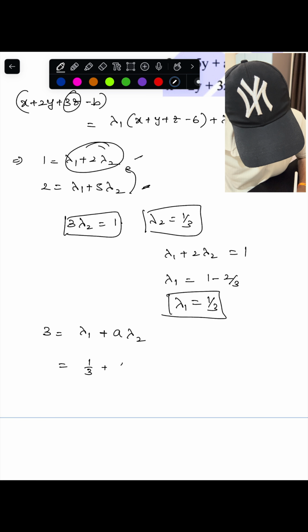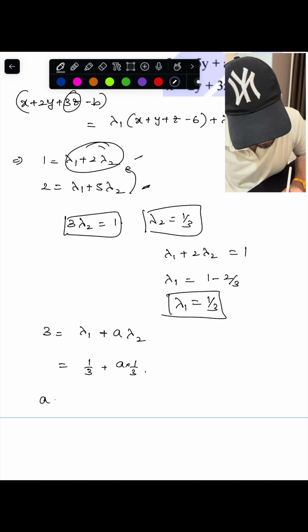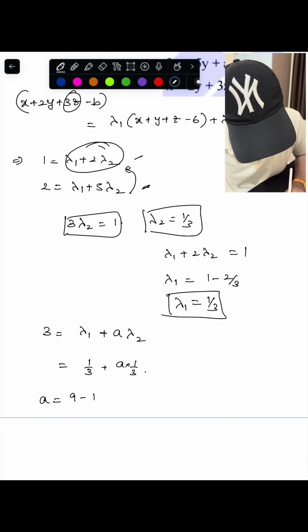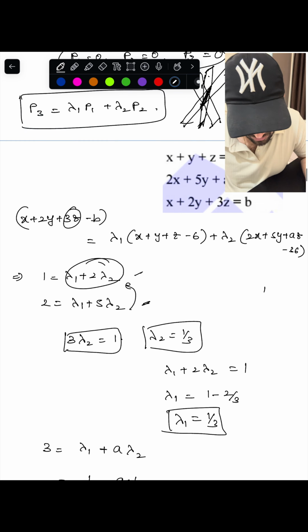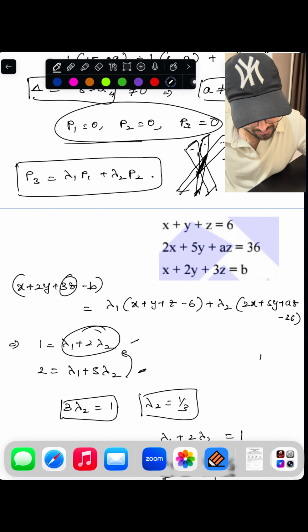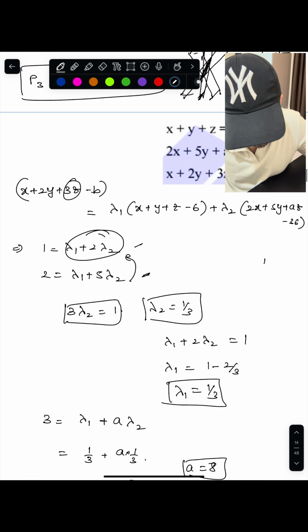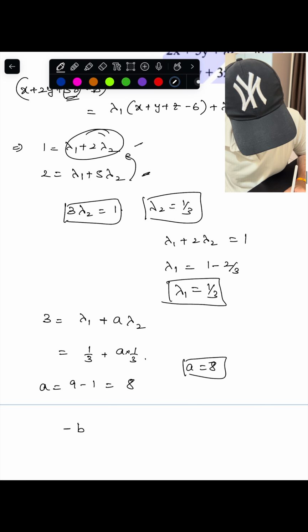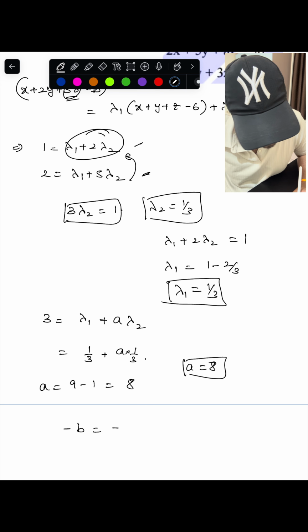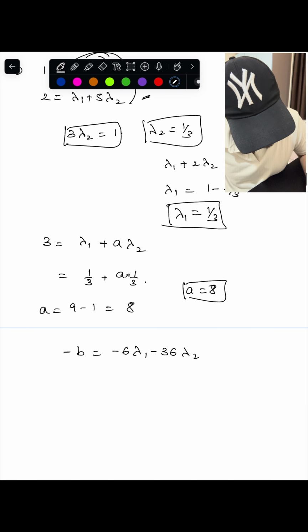Substituting, a is clearly 9 minus 1, which is 8. We already know that a is 8 if the z coefficients are equal. Similarly, if you compare the constant term, minus b equals minus 6 lambda 1 minus 36 lambda 2. Substitute here.